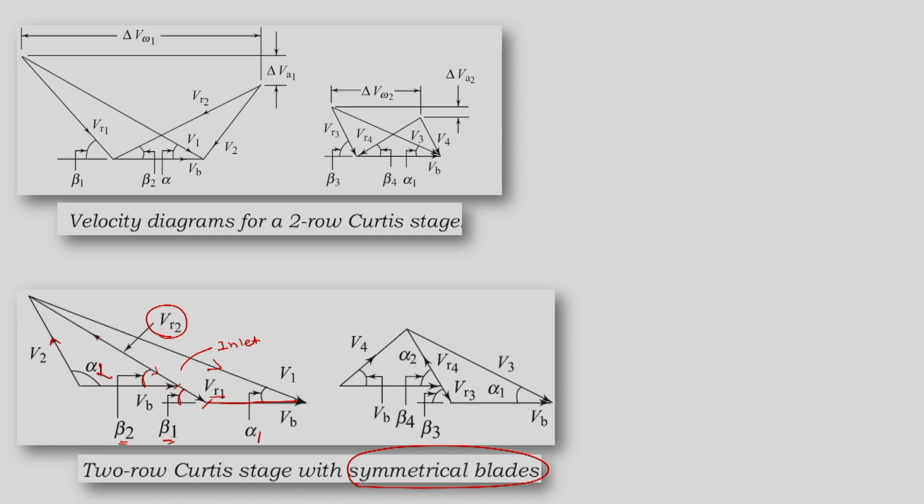But while drawing this diagram we have to keep one thing in mind: V1 has direction downward, VB has direction towards the right, and Vr1 has direction downward. But VB cannot change its direction; it is still in the positive x direction, the right hand side, while Vr2 and V2 are in the opposite direction.